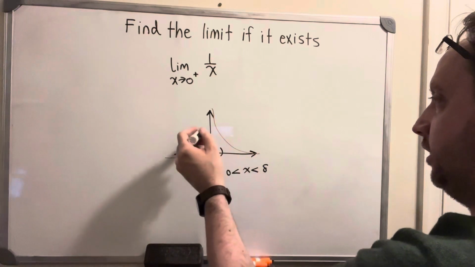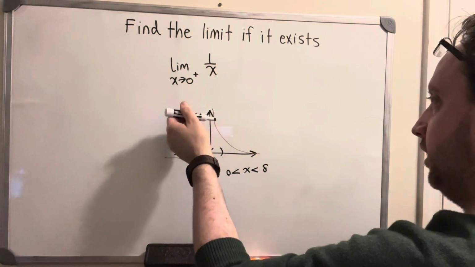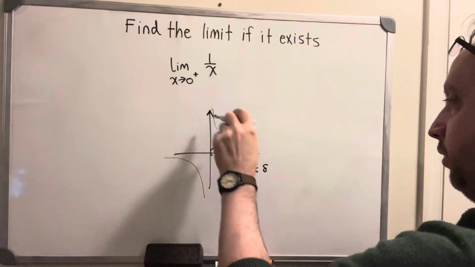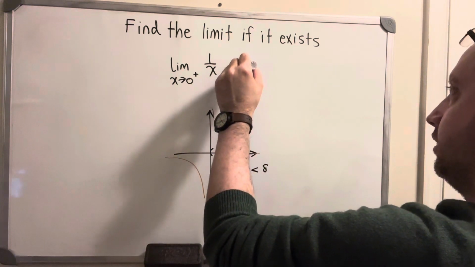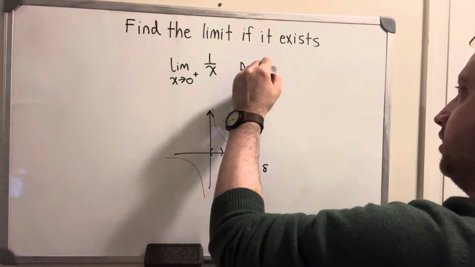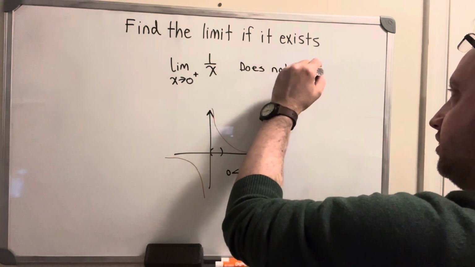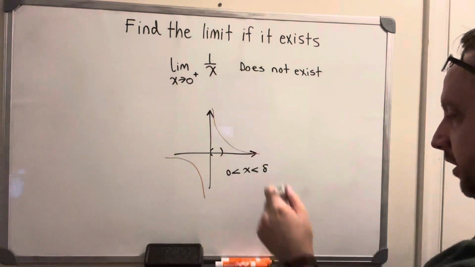But is there any specific finite value that it approaches? No, it just gets greater and greater without bound as x approaches 0. So this limit does not exist, because it increases without bound.